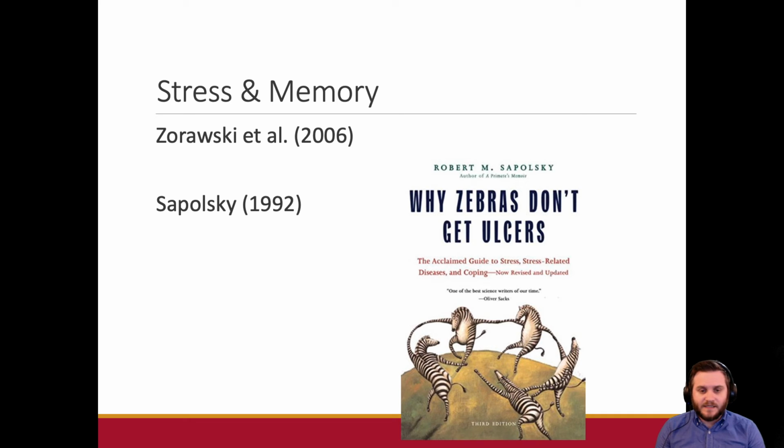And the idea is that, yes, stress is rough, okay? But zebras don't get ulcers because they respond to their environment in the way that they're supposed to. They see a predator, they get out of there. Otherwise, everything's gravy, baby. Everything's gravy. And so they don't get ulcers.